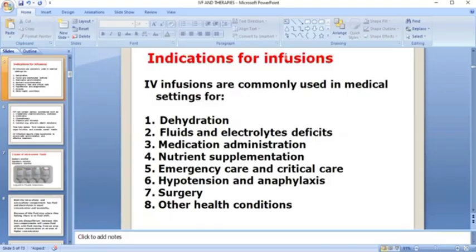Emergency care, we need the infusions. Critical care, we also need the infusions. Hypotension, we need the infusion. Anaphylaxis, surgery, and other health conditions. In wound dressing, we use some infusions to irrigate wounds. We also use some infusions as dressing solutions as well. So we have a lot of conditions where we use infusions.